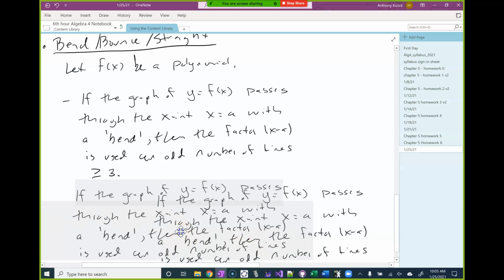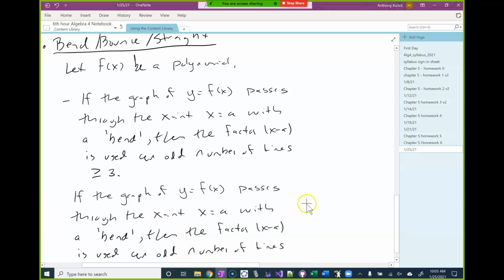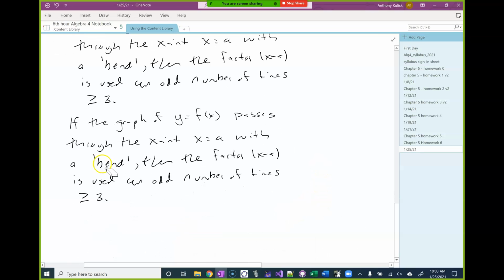So the next part says the same thing, but instead of odd, we say even, we say 2.